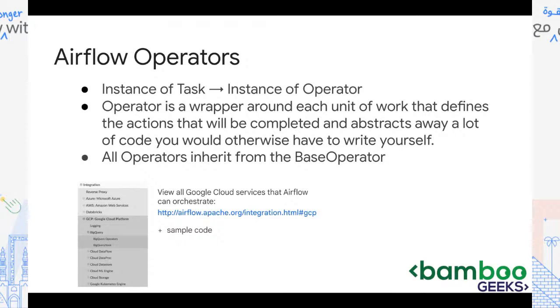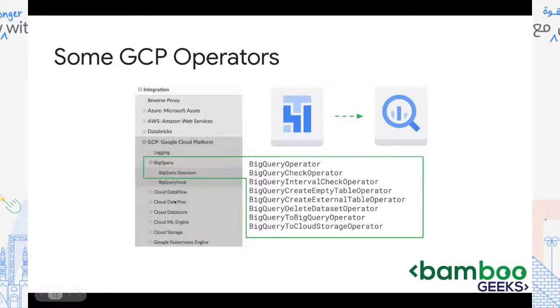And to get to know those operators, there is the website of Apache Airflow, airflow.apache.org/integration. You can have integrations with public cloud providers. Here we are talking about GCP, and we can see that we have integration with BigQuery. We have the BigQuery operators here, and inside them we have many operators: the main BigQuery one, the BigQuery check operator, the create empty table operator, the delete dataset operator.